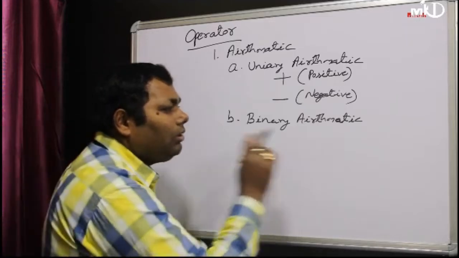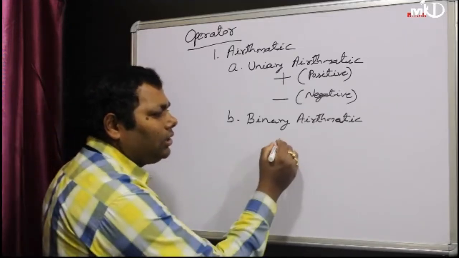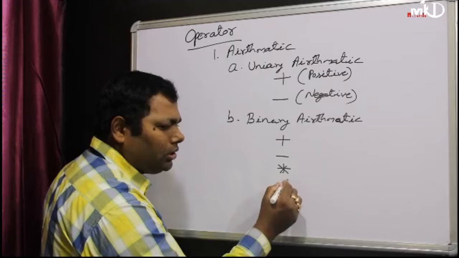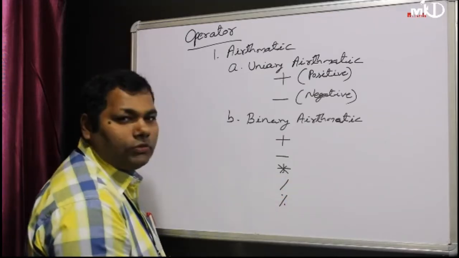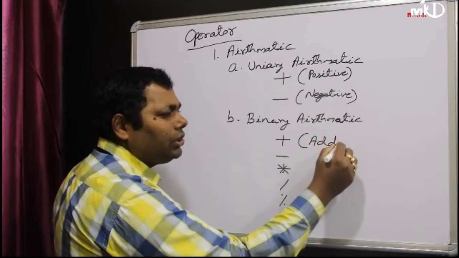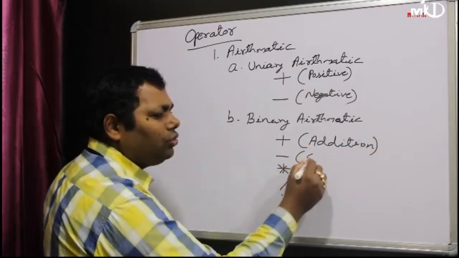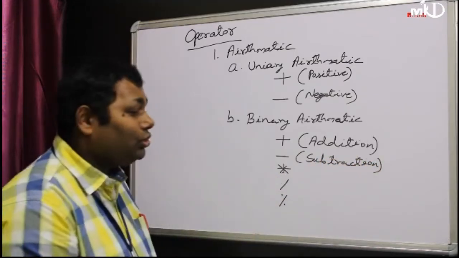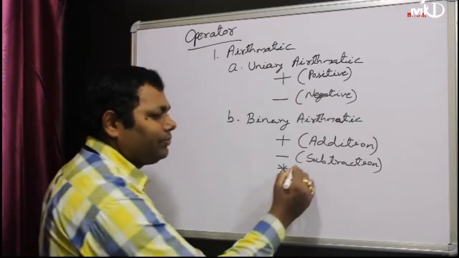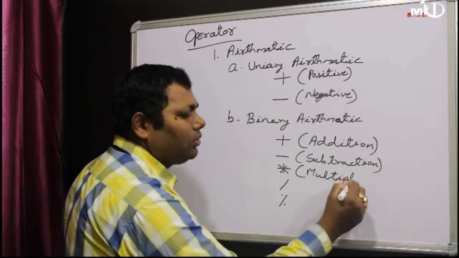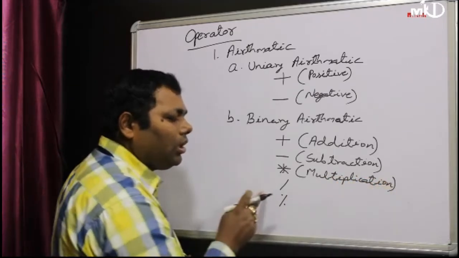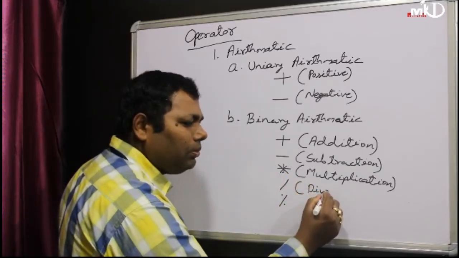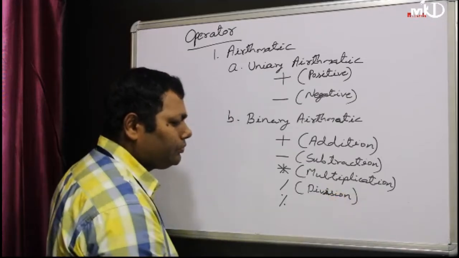Clear? Next is the binary arithmetic operator. Binary arithmetic has two operands: plus, minus, star, slash, and percent. The plus symbol is used for addition. The minus symbol is used for subtraction. In computers we use star for multiplication, and slash for division.